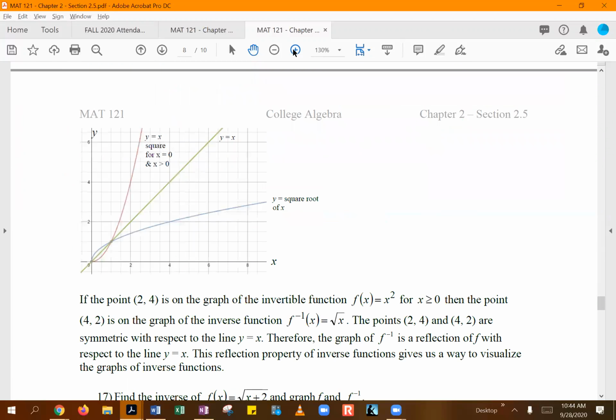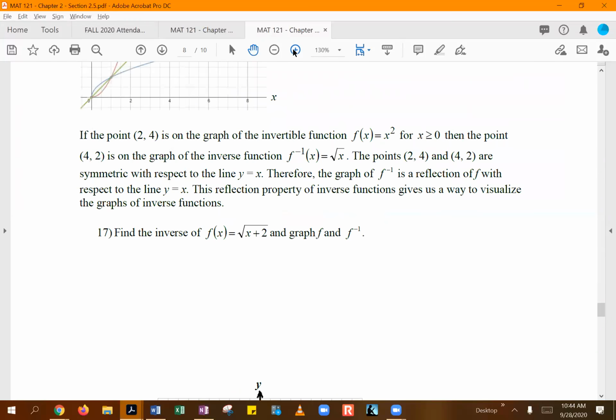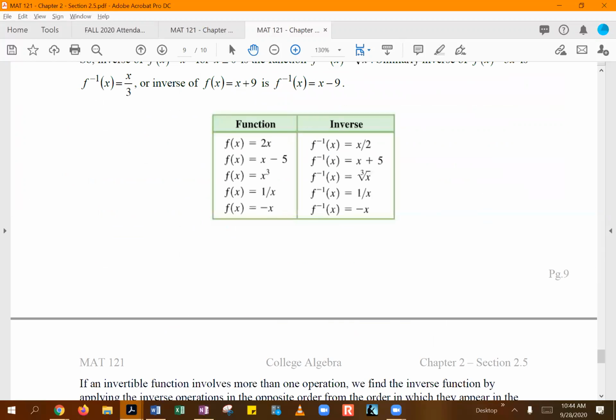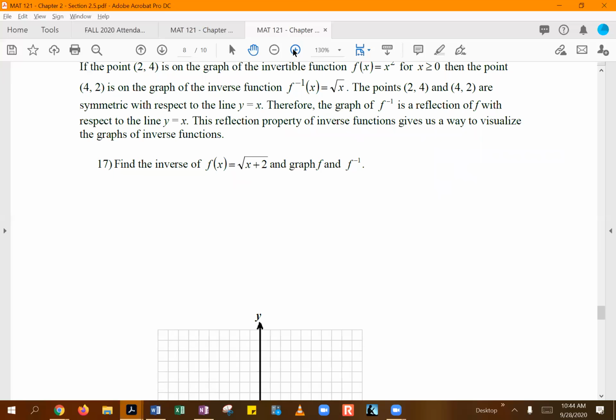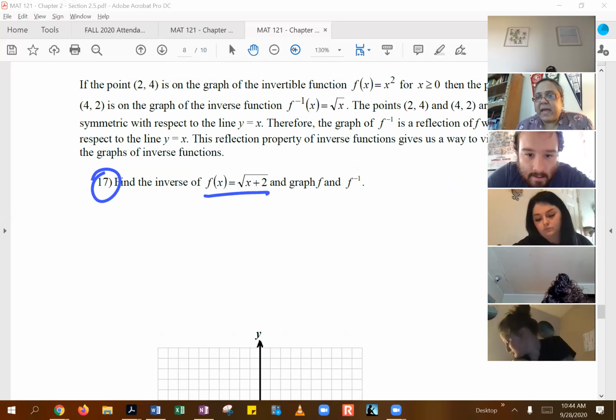And then this is what I had talked about earlier. When you look at the graphs of these functions, they should always end up becoming reflections of each other. So I actually very quickly just wanted to show you, let's take a look at this example over here. You can see our original function is f of x equals square root of x plus 2.